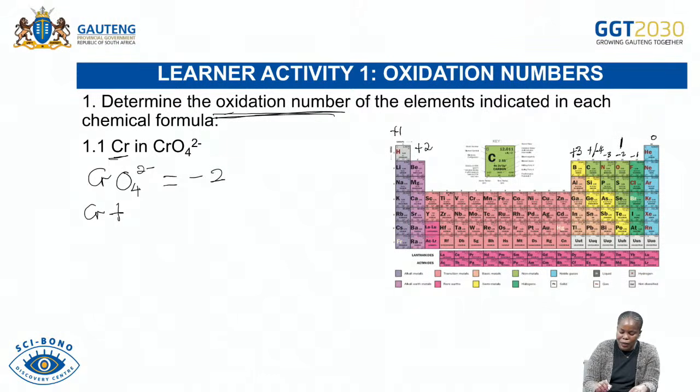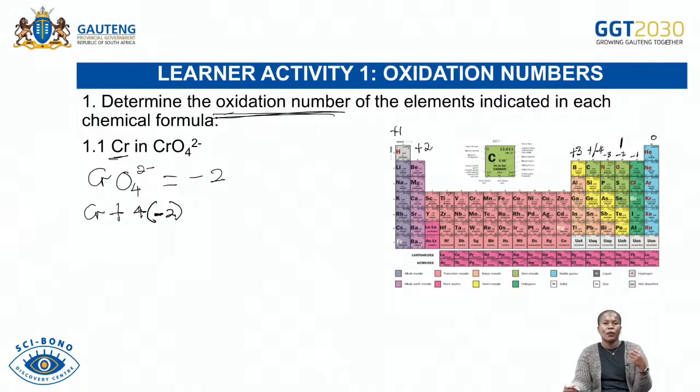Okay, so how many atoms are there for oxygen? There are 4 atoms of oxygen. So it's going to be 4 times the oxidation number for oxygen. It is -2. And where are we getting that -2? Because of where it is placed in the periodic table. Okay, is equal to -2.